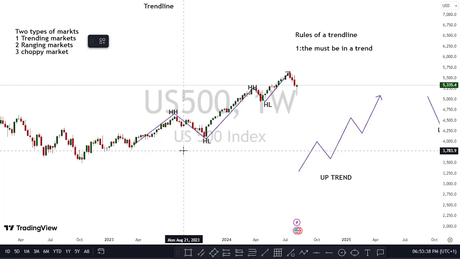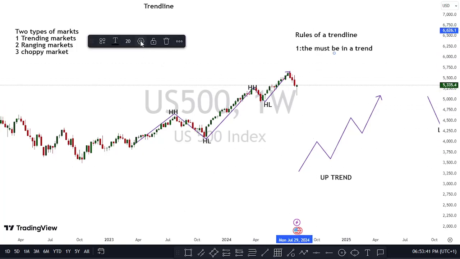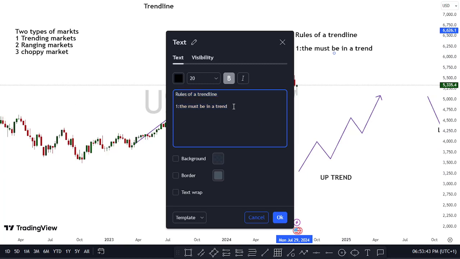This is the second rule about a trend line. Number two, they must be at least two lows.